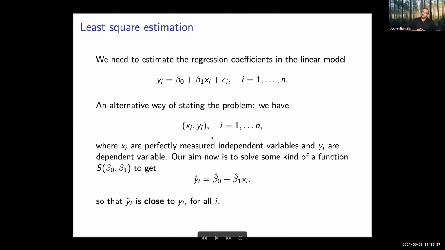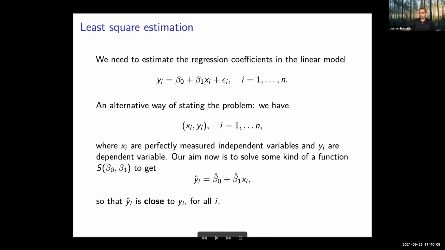Good. Least square estimations. As you can imagine, these regression coefficients need to be estimated based on estimation algorithms to fit this model to the existing data. Here we have the simple linear regression equation where we have an intercept available.